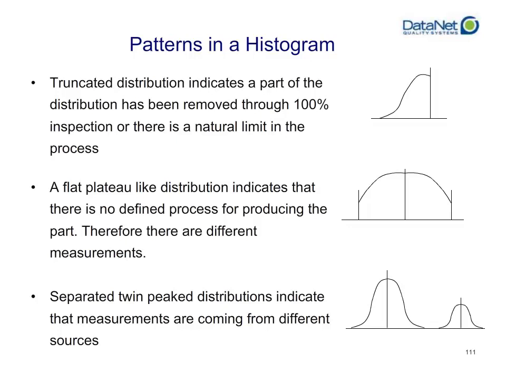The last pattern in the histogram that we see in this particular slide, separated with twin peaks. If you see two of these bell curve shape items, two of these natural distributions, that indicates you're measuring two distinct processes, things that should not be measured together.